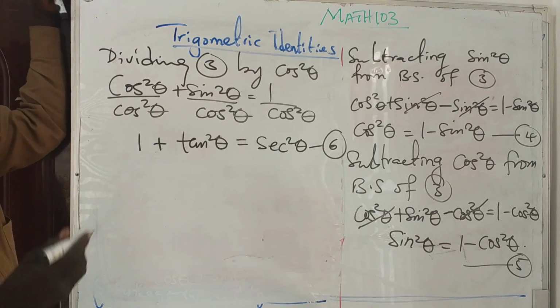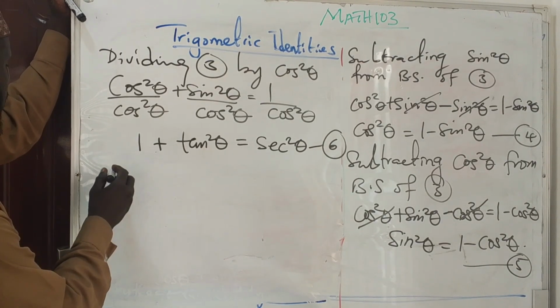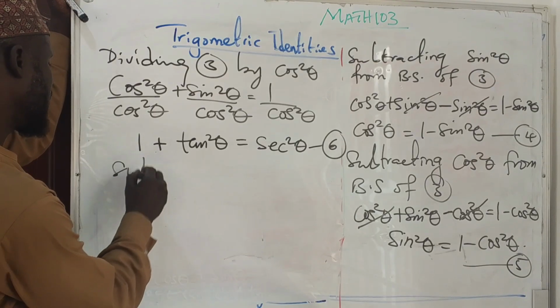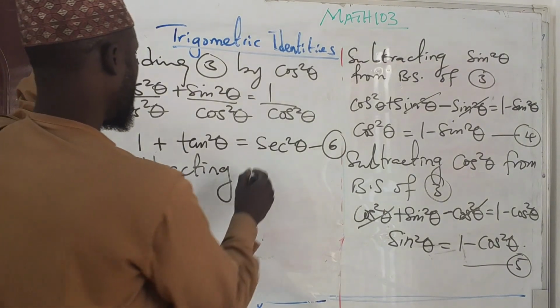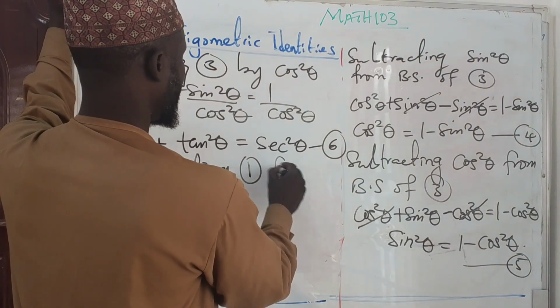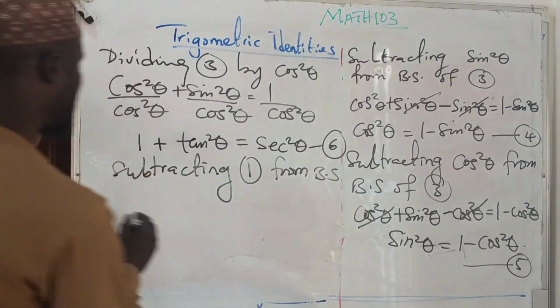Now, to obtain another identity, we subtract 1 from both sides of equation number 6.